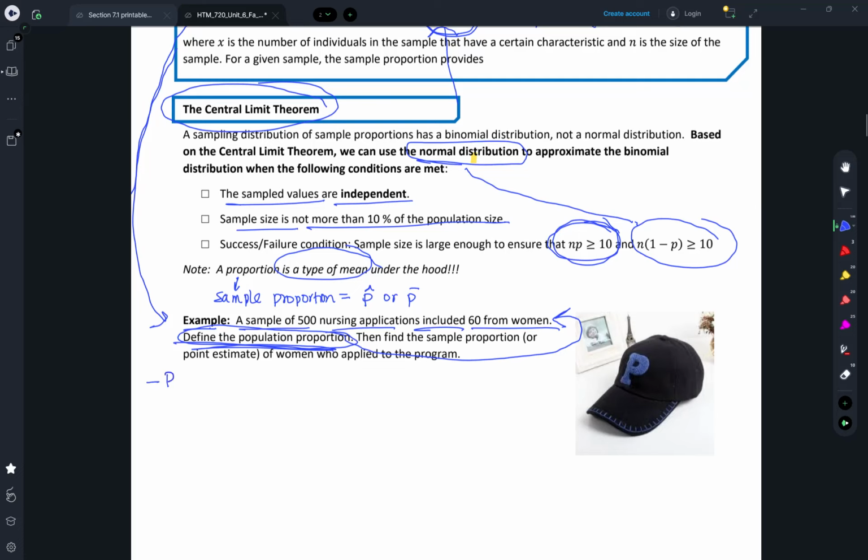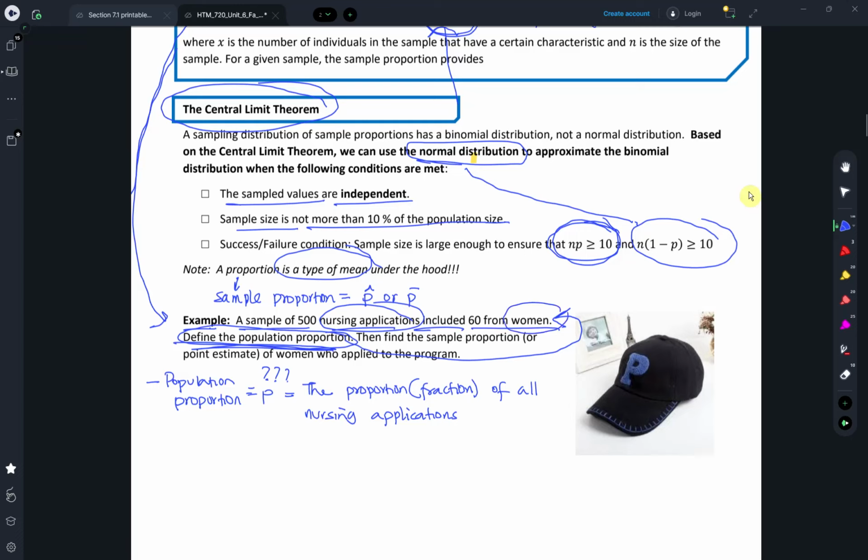Well, the population proportion of interest, which is unknown, is the proportion, or in regular English the fraction, of all nursing applications. That is the population of interest, all nursing applications, and for that population we're interested in those from women. So the proportion of all nursing applications from women.